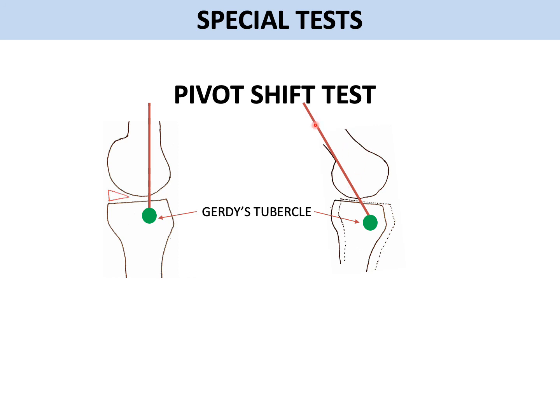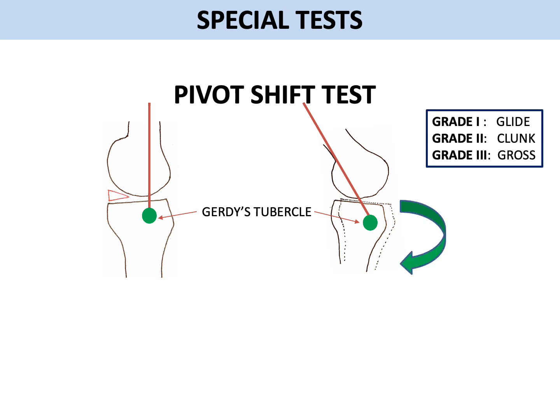And as it comes posterior to the femoral axis, the anteriorly subluxed tibia gets reduced to its normal anatomical position. At the same time, we are applying the valgus force, because of which the clunk is amplified, and we can very well appreciate the clunk, right? So glide, clunk, gross. These are three grades, but again, these are very subjective findings, right?